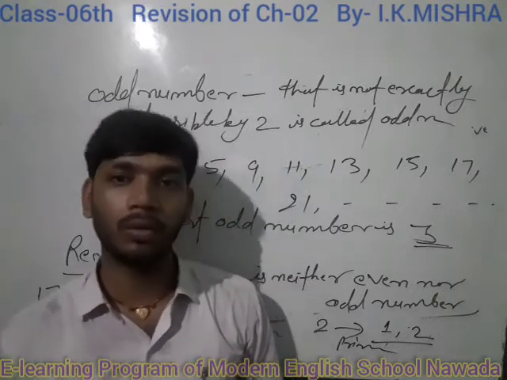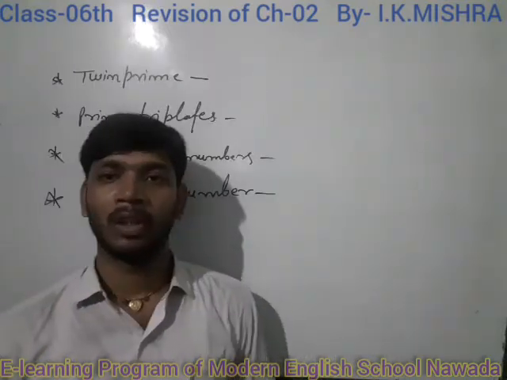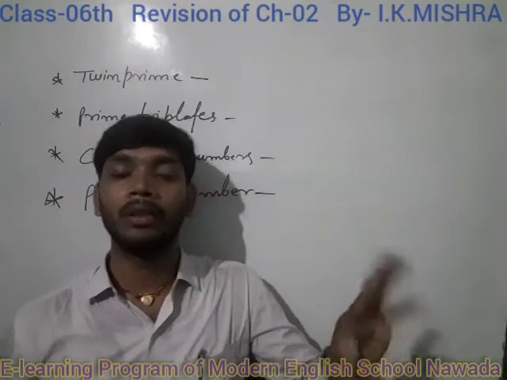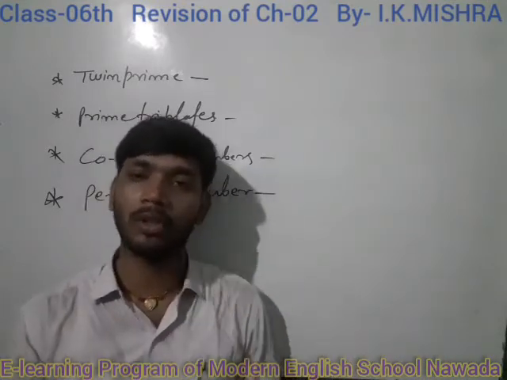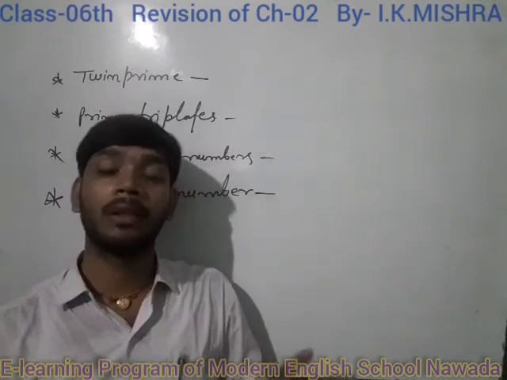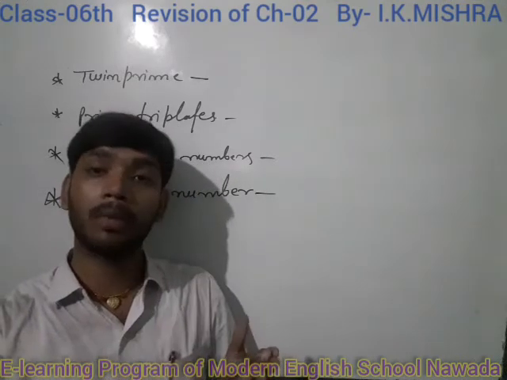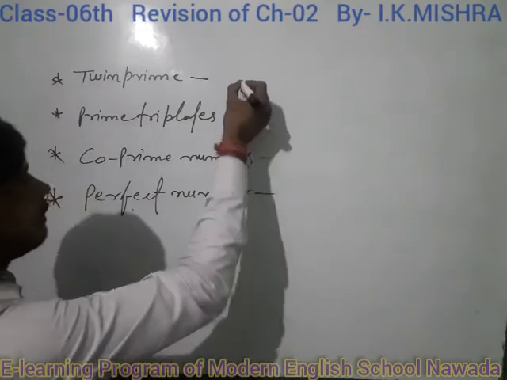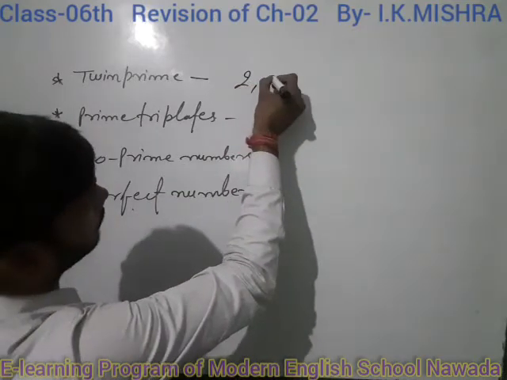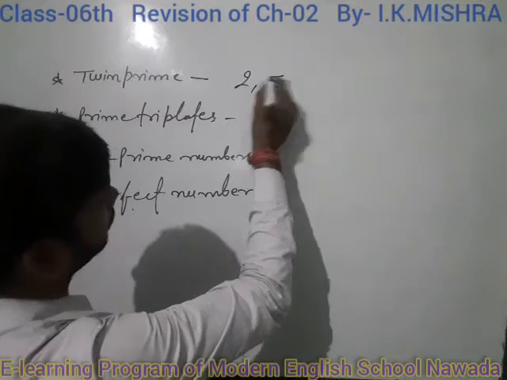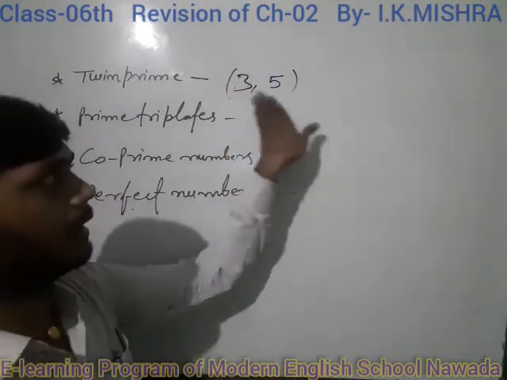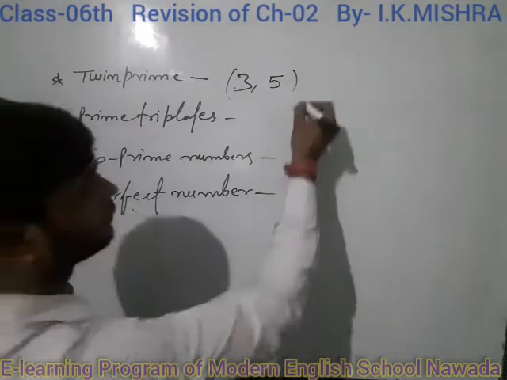Now proceed to twin prime numbers. Two consecutive prime numbers are said to be twin primes. That means students observe, two consecutive means the difference between the prime numbers is two. Suppose I write 2 and 5, 3 and 5. Here 3 and 5 are twin primes.